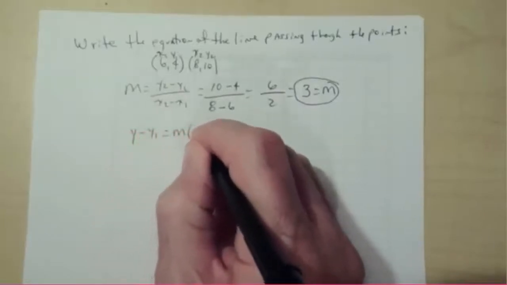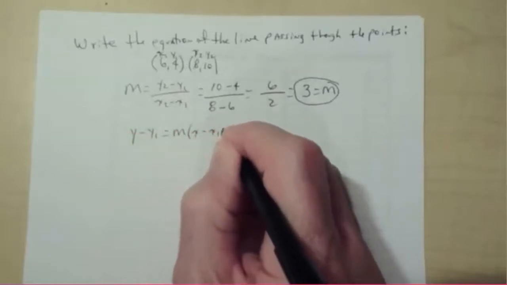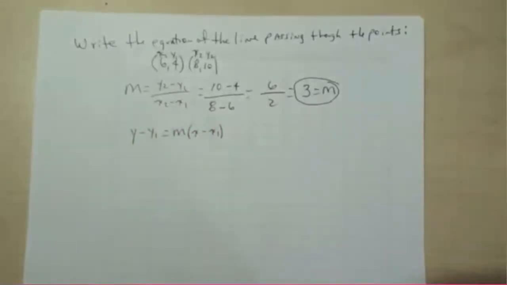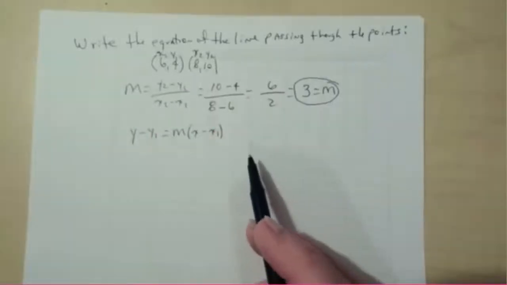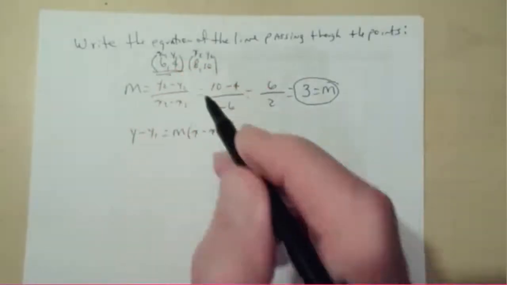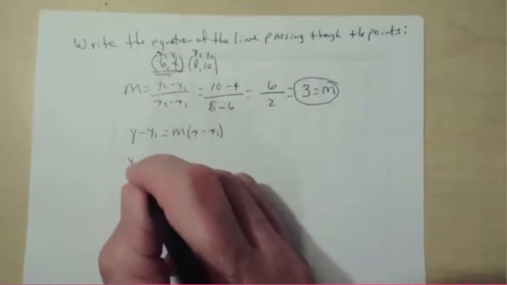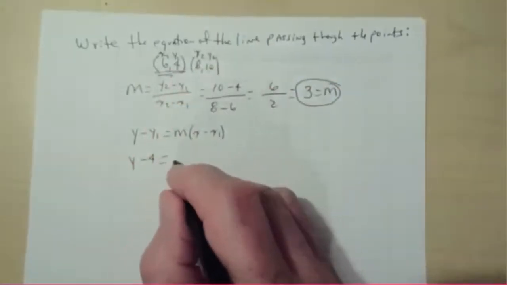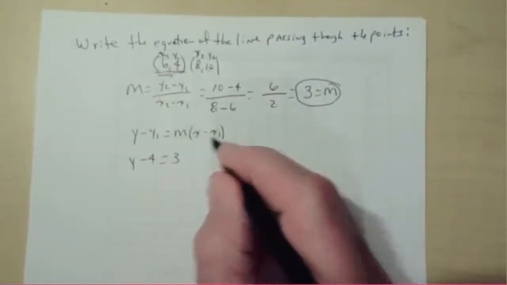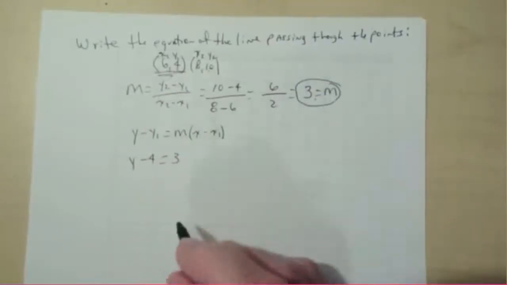Okay? You can use either one of these points. It doesn't make any difference which one. Let's use this one because the numbers are easier. So we have y minus 4 equals m, which is 3. Our slope is 3. Open x minus, we're using this x, minus 6.